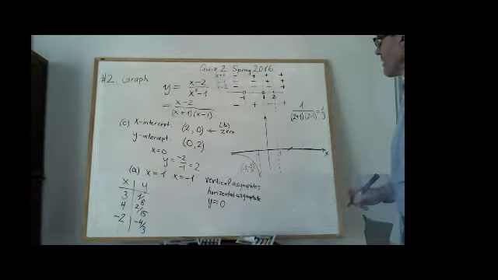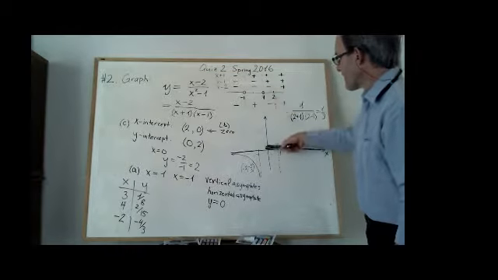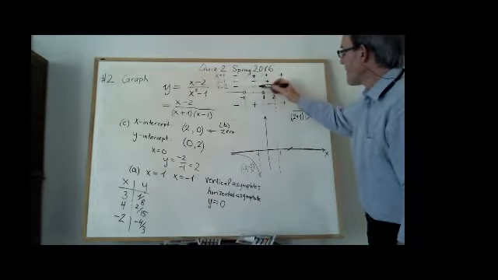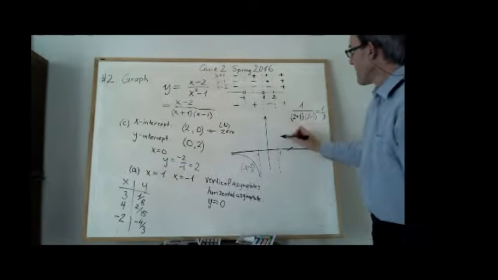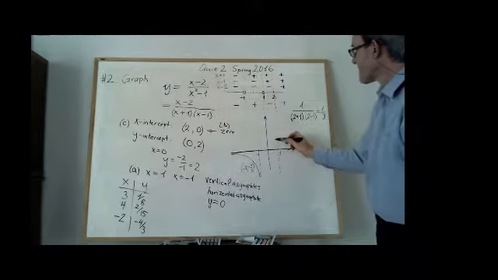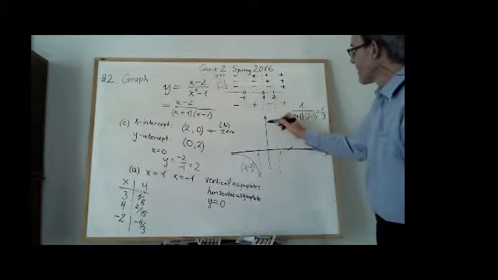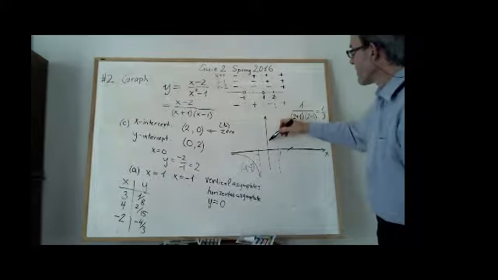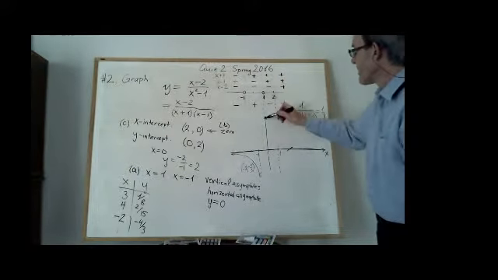Now, it switches sign, so that means when I go through -1, the graph will come down from +infinity, so it'll come down from here, and then it actually won't cross the x-axis because there's no zeros in here. So it'll keep positive all the way through this interval, and we'll have to go to plus infinity at x equals 1.